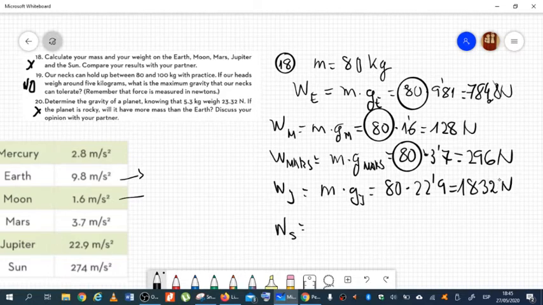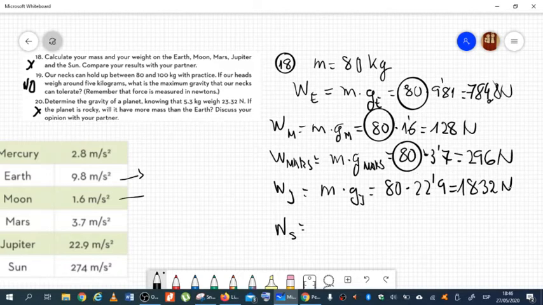Maybe you wouldn't have enough force for moving on Jupiter, because your muscles are not so strong so as to walk on Jupiter, because the weight is very high. The gravity is much higher than the gravity on Earth, and we are used to the gravity on Earth. Our muscles are used to move our body on the Earth, but not on Jupiter.